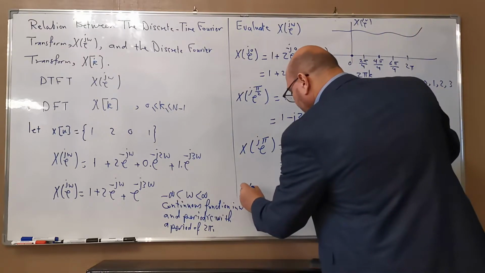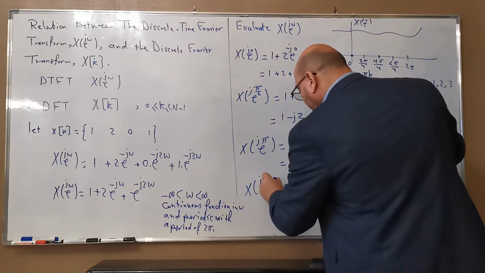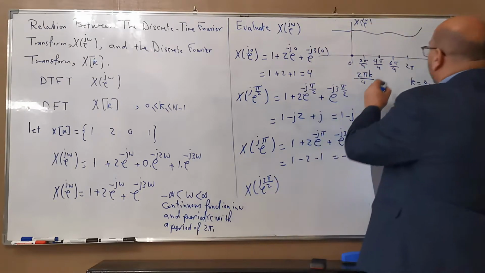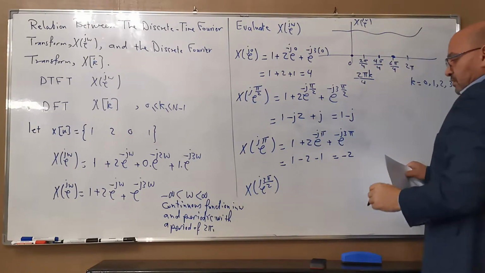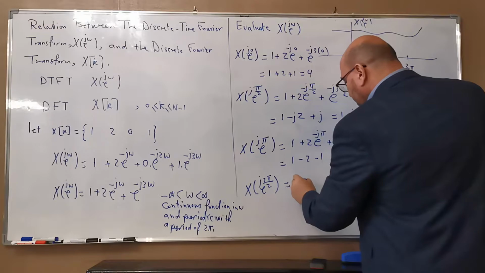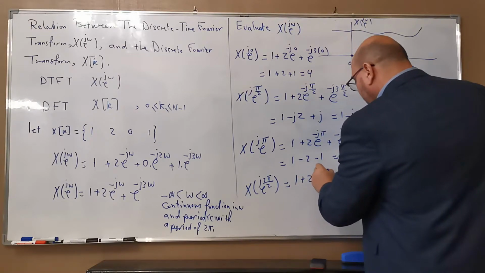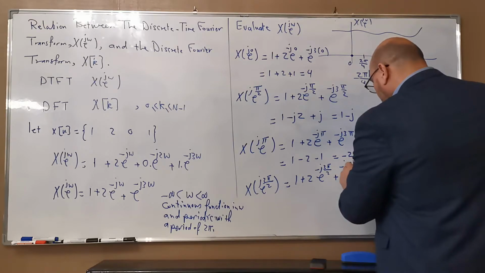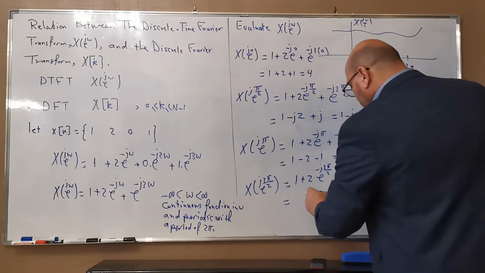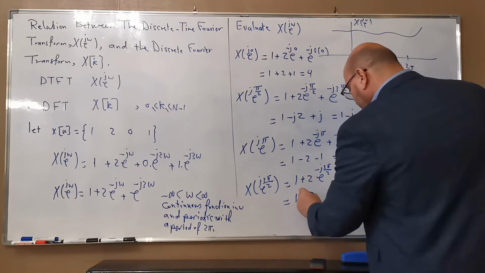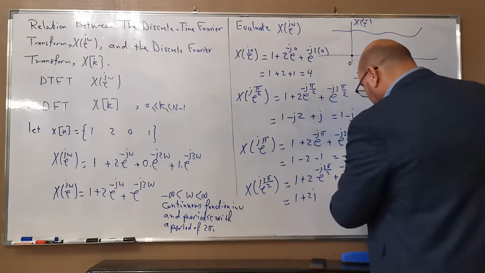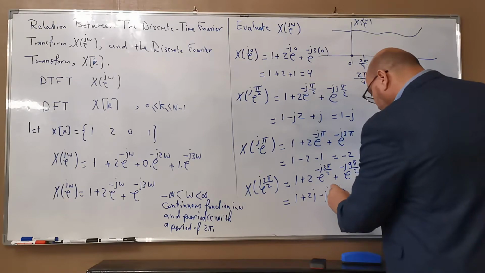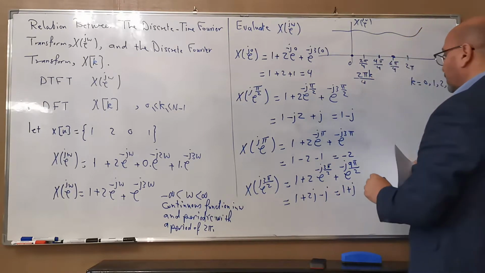And the last one is X(e^{j3π/2}). So this equals 1 plus 2e^{-j3π/2} plus e^{-j9π/2}. So this is 1 plus 2j minus j, which equals 1 plus j.